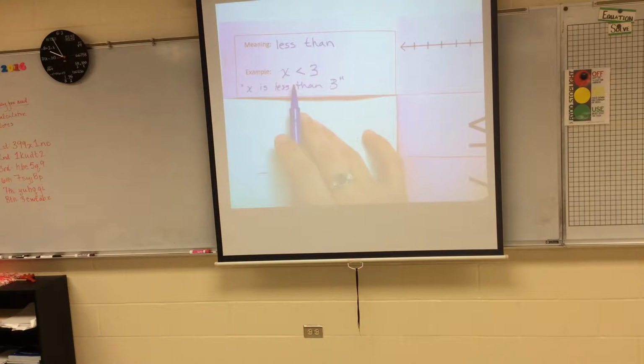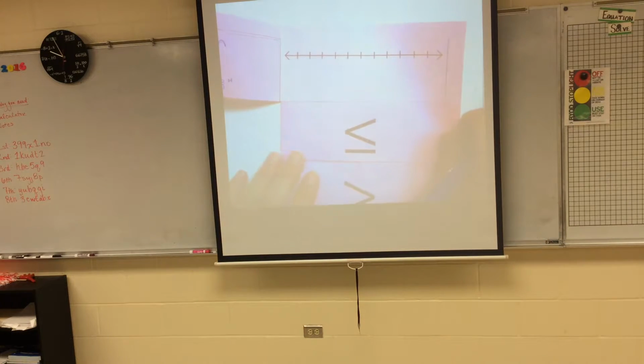All right, and then we're going to graph this example here on the right side. You ready? Bless you. All right, so on the right side, I need 3. Do y'all notice that my number line has no numbers? So we're going to have to put numbers on here. So where should I start?